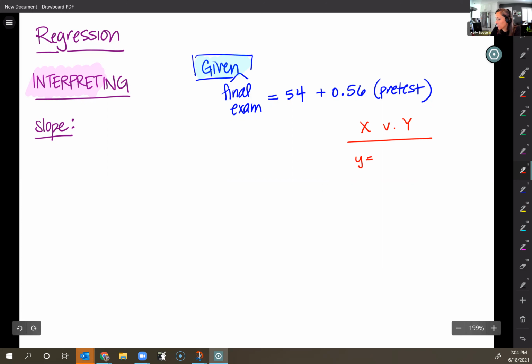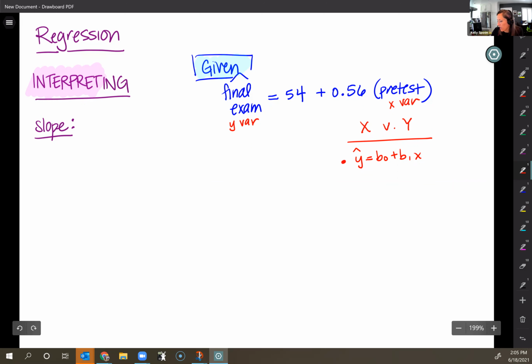We typically have B0 plus B1X, where our Y is the variable that we're using as the output and our X is the input. In this question, our Y variable is the final exam and our X variable is the pretest. But sometimes I just give you the formula without that.